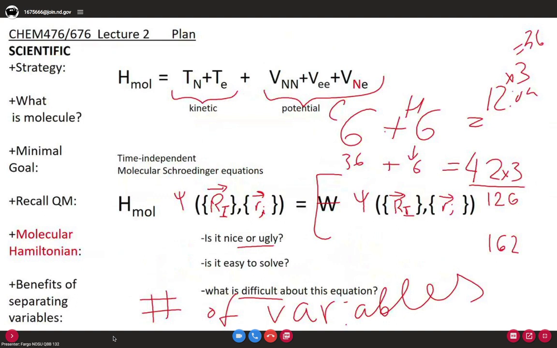Sounds right. 1s2, 2s2, 2p2, right? 6 electrons for each carbon times 6 carbons, 36, plus 6 electrons from hydrogen. How many? And times 3. 126. And plus the previous result 36. Something like 160, huh?